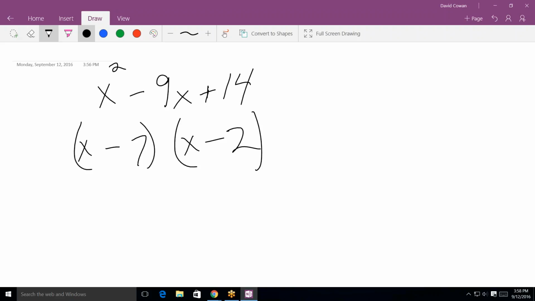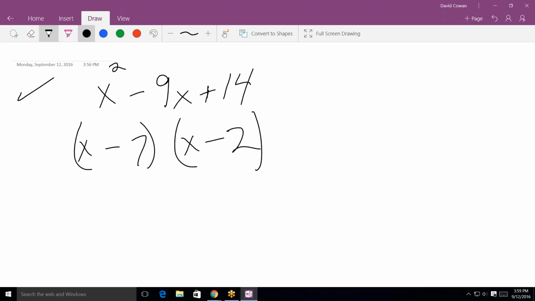Any quadratic that has a 1 in front of the x squared is what I call a first degree quadratic. In other words, it's really quite simple to factor. You can use those 3 or 4 steps. No more are needed, depending on whether that's a plus sign or a minus sign, to solve all problems like this.